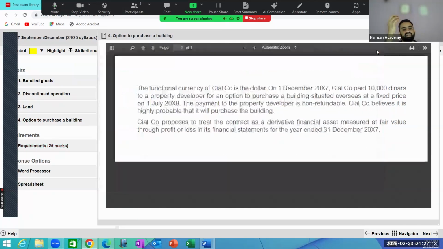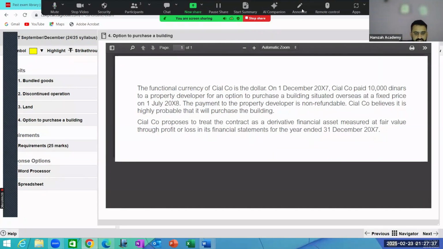Now, there are two standards which are relevant. One is IFRS 9, because they are treating it as a derivative, and a derivative is obviously measured at fair value through profit and loss in IFRS 9. And the second is IAS 21. Now, let's first talk about the relevancy of IFRS 9 here.